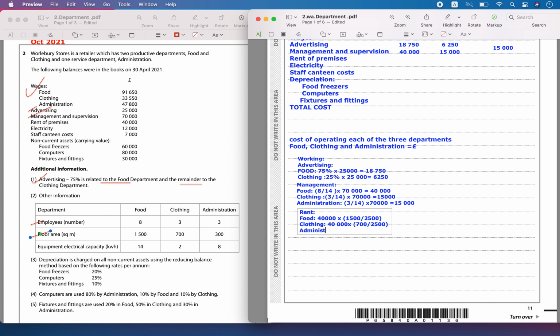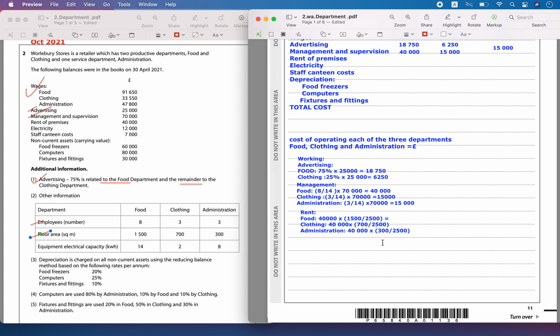And for administration, it is 40,000 shared in the ratio of 300 out of 2,500.